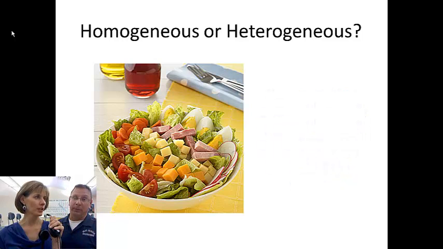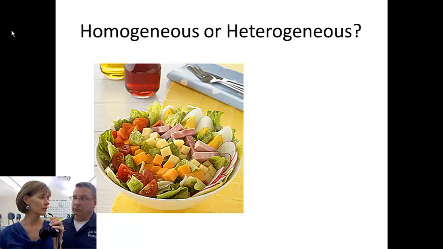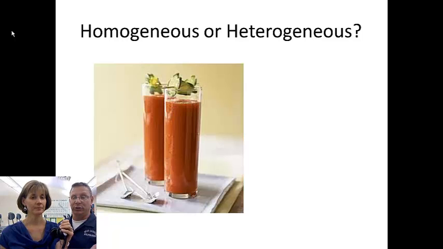Now, we'll be looking at some mixtures in class that aren't going to have pieces that are that big, but you'll still be able to tell the difference between the heterogeneous mixtures and the homogeneous mixtures based on their appearance in many cases, and in part because of the ways that we can separate them. Tomato juice, or V8 for example, is almost like a homogeneous version of a salad.